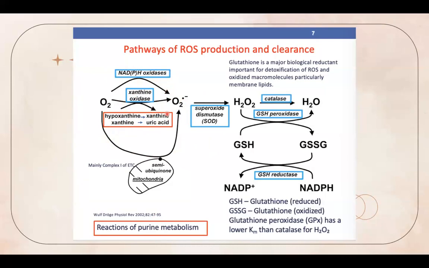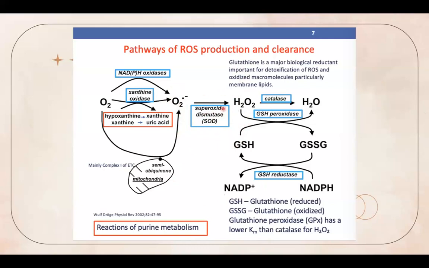Now we have superoxide. It's done its job, it's done its damage, whatever we need it for, it's done. Now the question is, how do we get rid of it? We have an enzyme called superoxide dismutase, or SOD. The SOD enzyme is a very important enzyme that converts this highly reactive superoxide into H2O2.